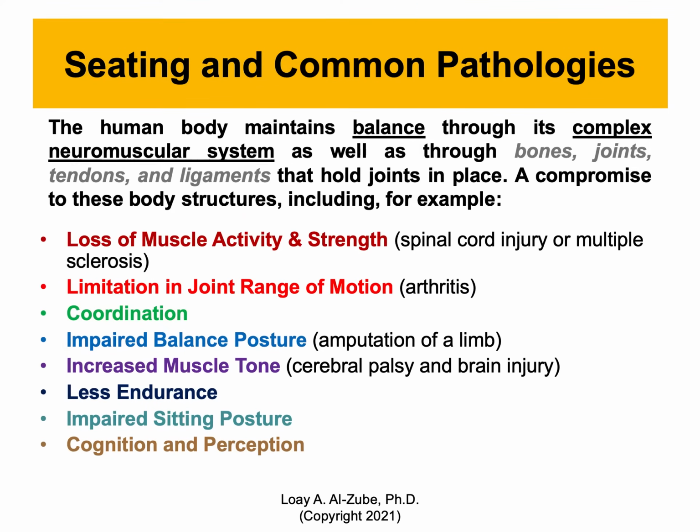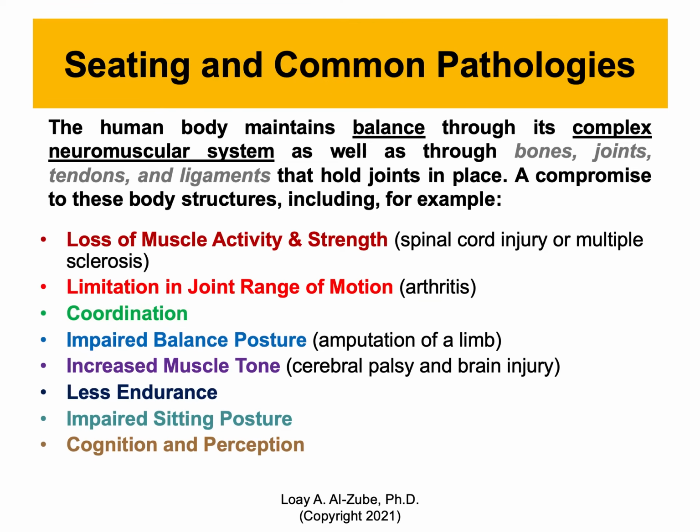Also, you have impaired balance posture, and this is most of the time a result of amputation of one of the limbs. You have increased muscle tone, and that is something that is related to cerebral palsy and brain injuries. I always tell my biomedical engineering students that they need to think of a medical challenge, a medical problem that they want to invest time and energy to solve.